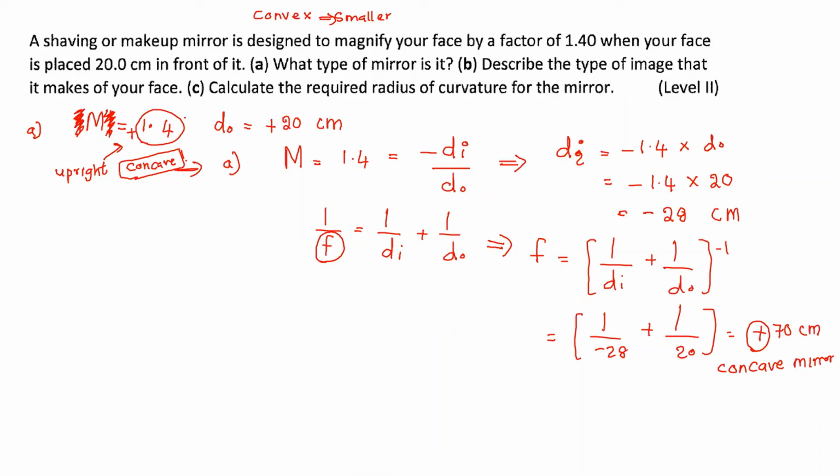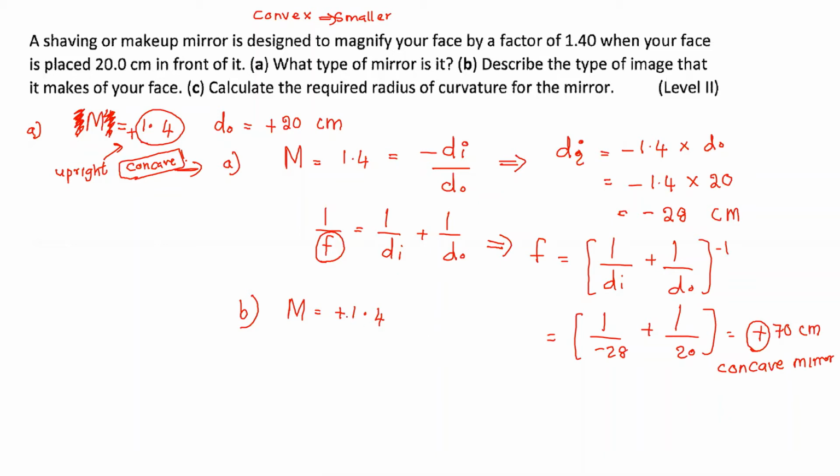Okay, part A is done. Part B, describe the type of image that it makes of your face. So how would you describe it? We know how to describe it, right? M was a positive value, 1.4, because we know your face should be upright.